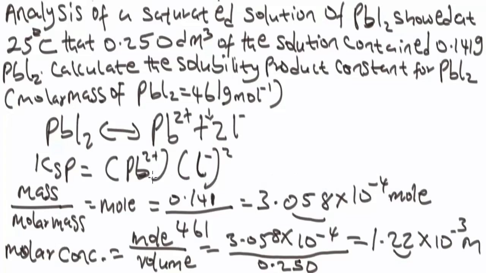Now that we've gotten it, let's use it and solve for the solubility product constant. So as usual, you multiply the molar concentrations of these ions raised to the power of their chemical coefficients. For the lead ion, it's going to be in brackets 1.22 times 10 to the power minus 3, times the iodine ion. Remember, they have a mole ratio of 1:1:2.